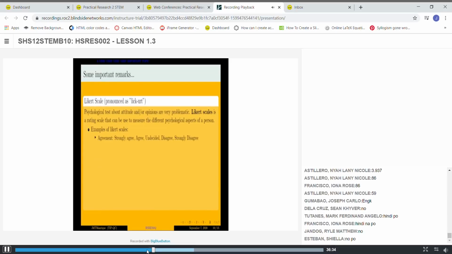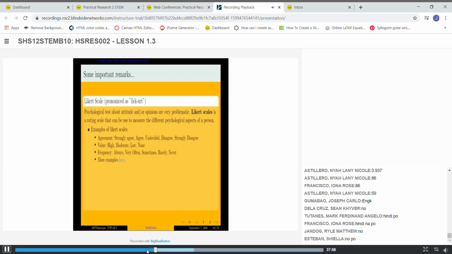So we can use strongly agree, agree, undecided, disagree, and strongly disagree. For values, example, sentimental values, we can use high, moderate, low, or no value at all. For frequency, frequency is gaano kadalas. We can use always, very often, sometimes, rarely, or never. Okay?